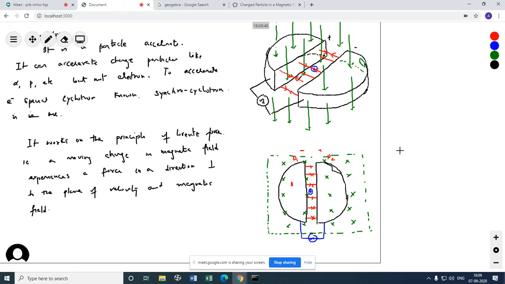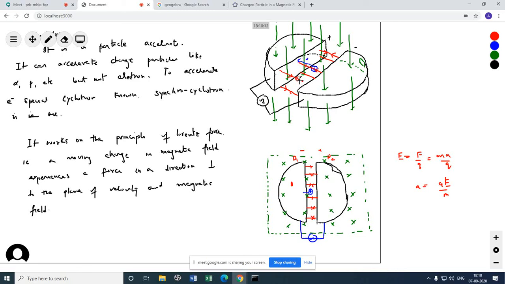How can it get accelerated? Because we know that electric field is force per unit charge, so force can be written as mass into acceleration, and acceleration would be qE by m. So the charged particle gets accelerated by this amount in this gap, and it enters D1. As it enters D1, you see it is entering D1 perpendicularly.